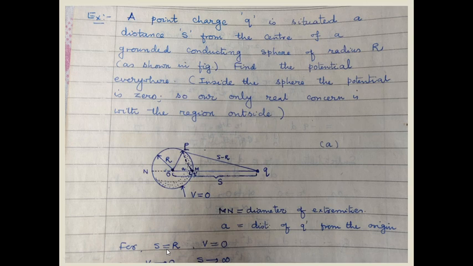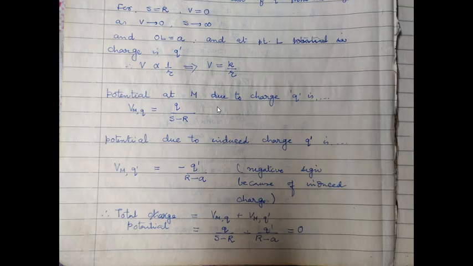One boundary condition: s is equal to R, that means this distance is going to be R, everywhere on a conducting plane the potential is going to be 0. That is one of the boundary conditions. And if we consider that s is very large, this distance with respect to this one is going to be very large, then the potential tends to 0.